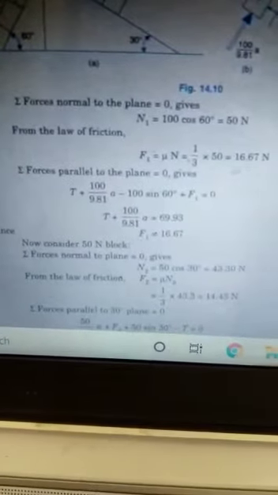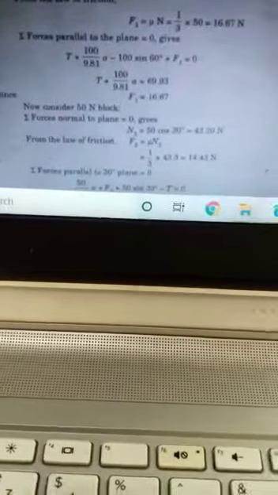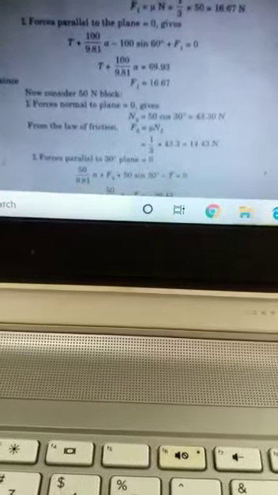First we will work out the normal reaction, and then the frictional force for this.